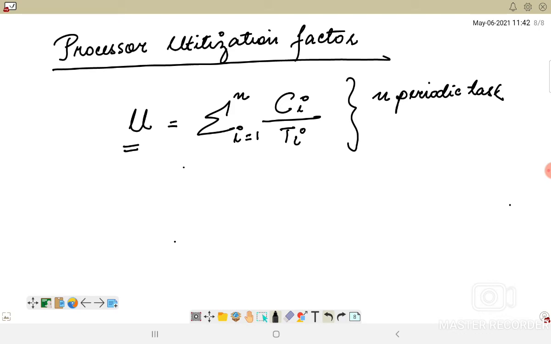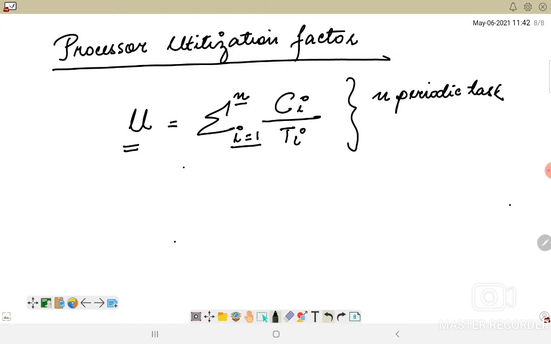So if Si is a task from the task set, then Ci by Ti is the time spent by the processor for the execution of Si. Similarly, for the task set of n periodic tasks, it is given by the fraction of time which is spent for execution of the task set.